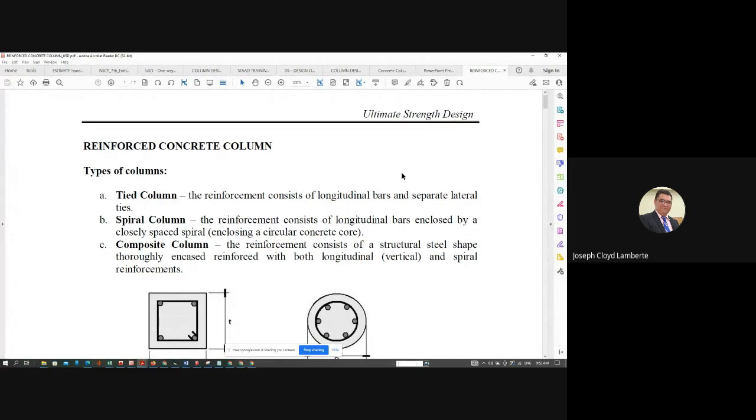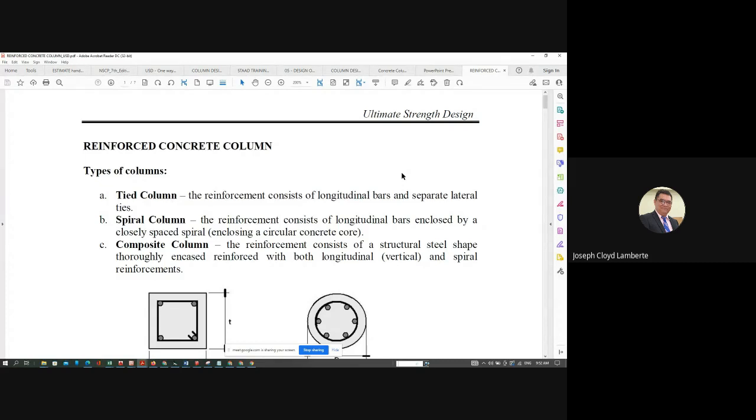It may be separated mostly with equal distance from each other, no, in its perimeter on the side of your column, depending on the section of your column, and it is confined with lateral ties. So what distinguishes the tied column is that the longitudinal or main reinforcement is confined with lateral ties. We call that one ties for columns. In the beam, the confinement is called stirrups, no?